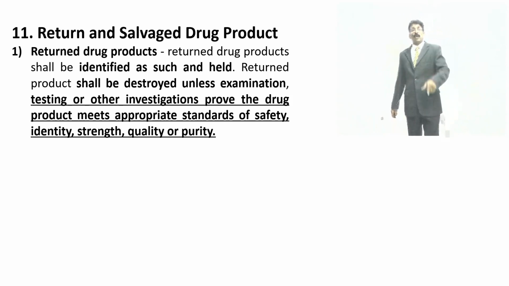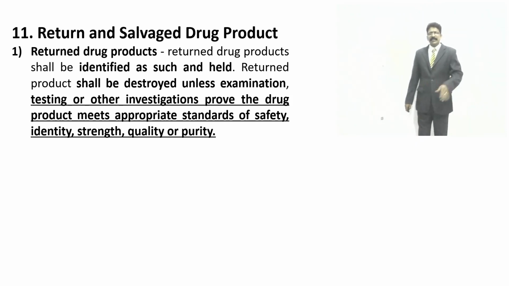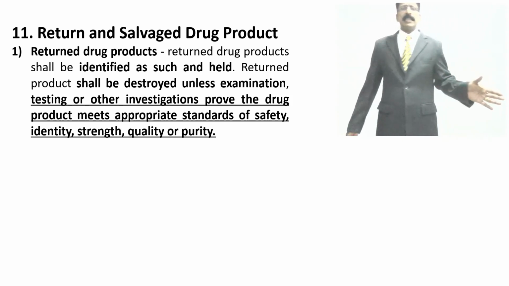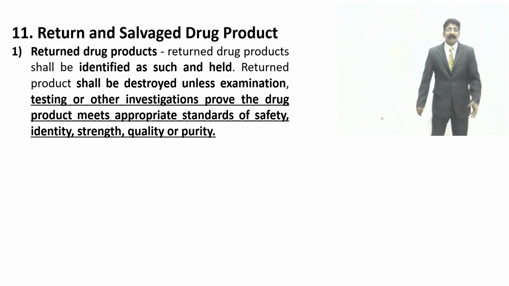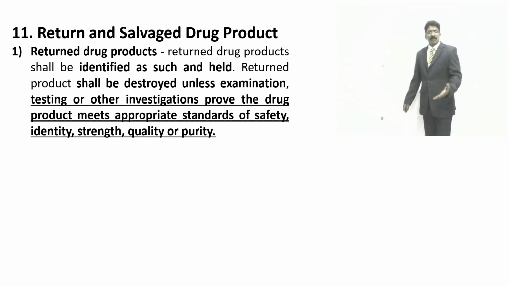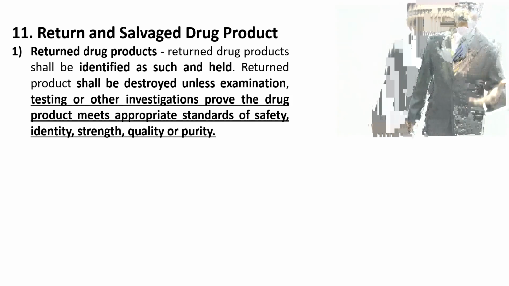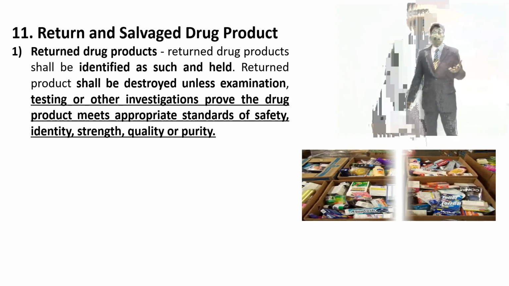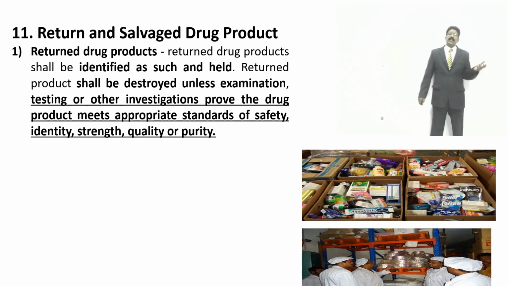Returned product shall be destroyed unless examination and testing, or the investigation, proves the drug product meets appropriate standards: its safety, identity, strength, quality or purity is perfect. Then you can go for reprocessing or salvage. Otherwise, it has to be completely destroyed.